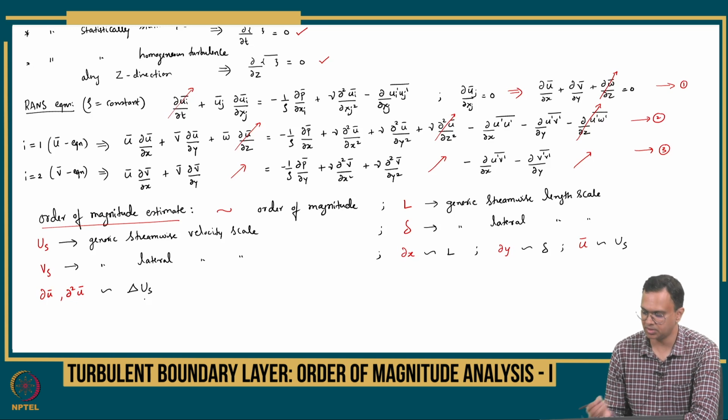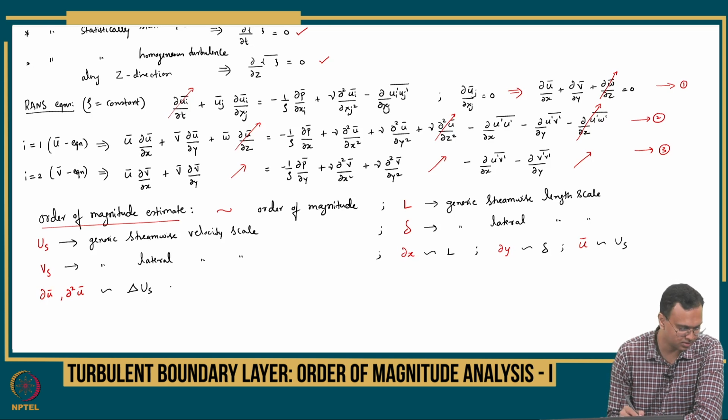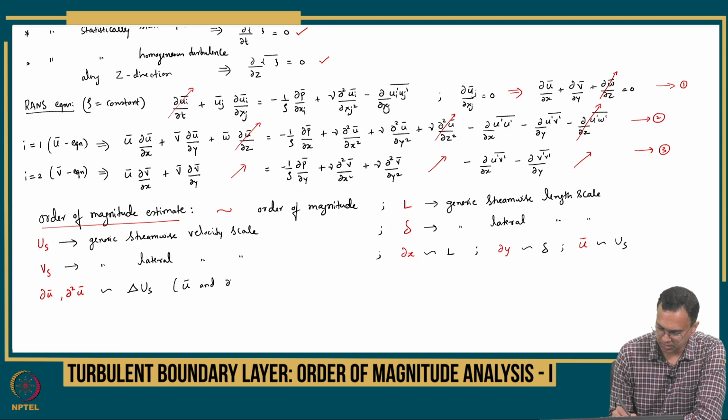That means delta Us is at least an order of magnitude different than Us, right. So that means here u bar and the changes dou u bar or dou square u bar are of different orders of magnitude.